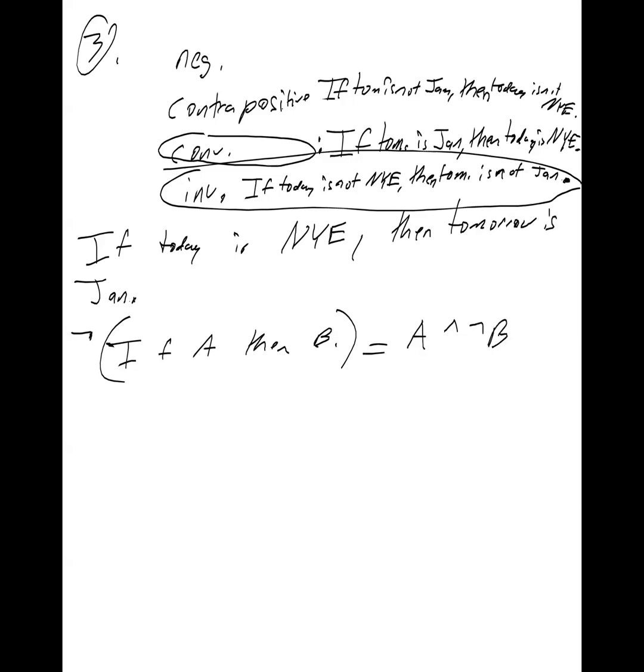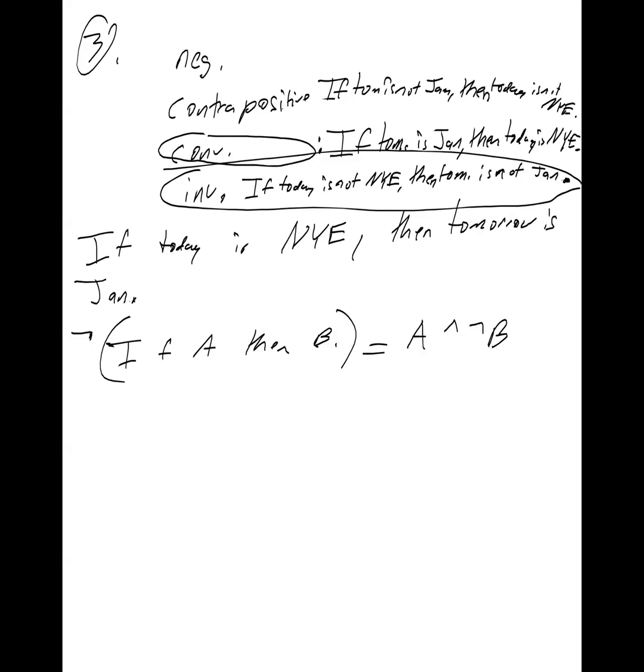So if you promised that if A happens then you would do B, then if A happens and B did not happen, then you've broken the promise. So the negation of if A then B is A, the promise is made, and not B. That means the promise is broken.